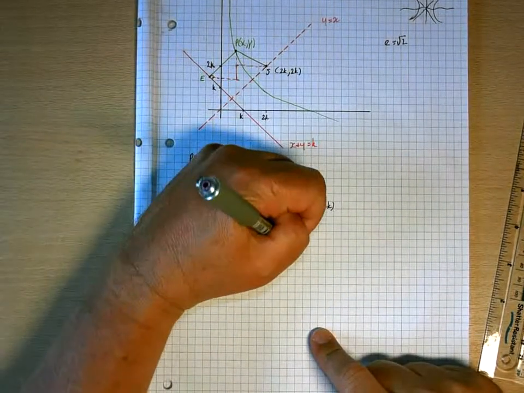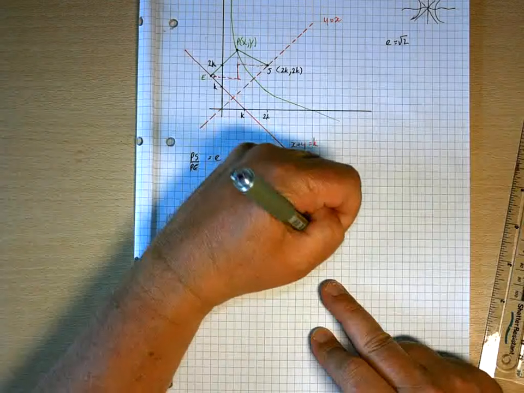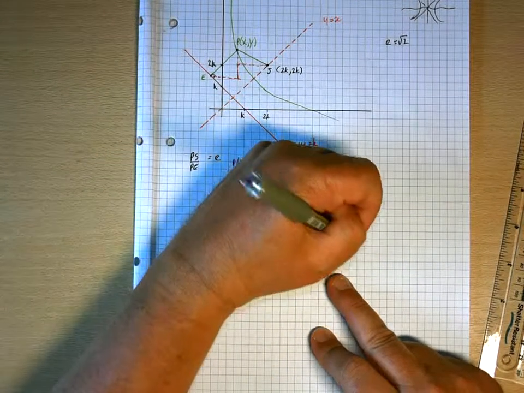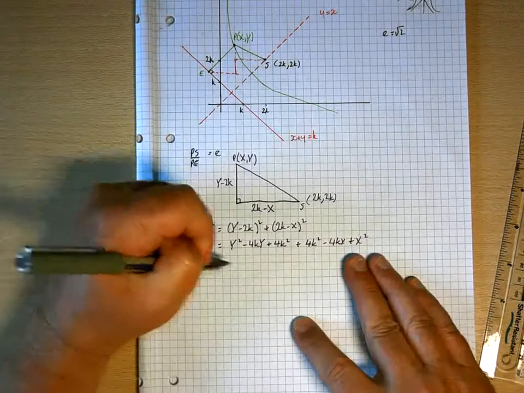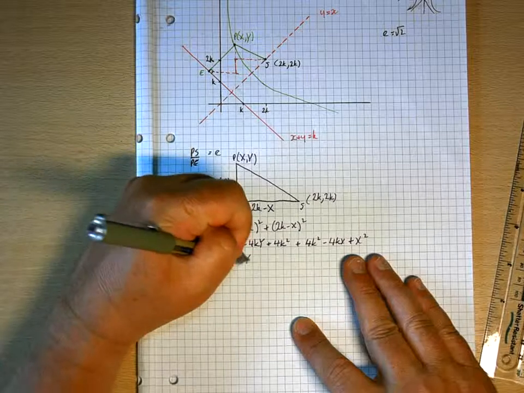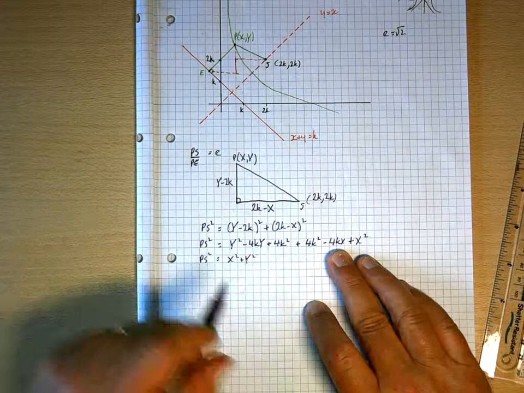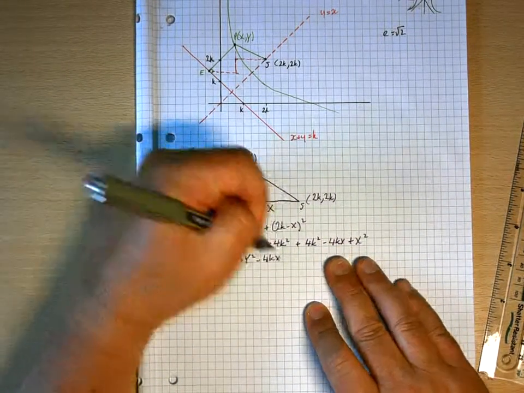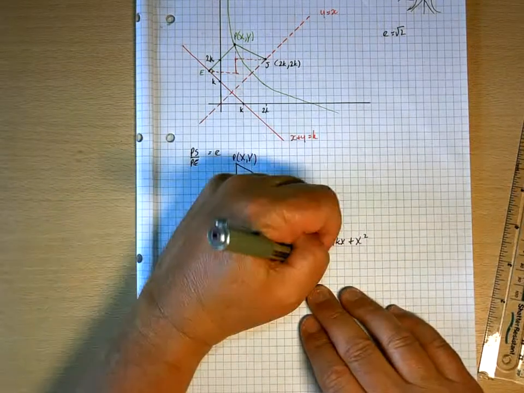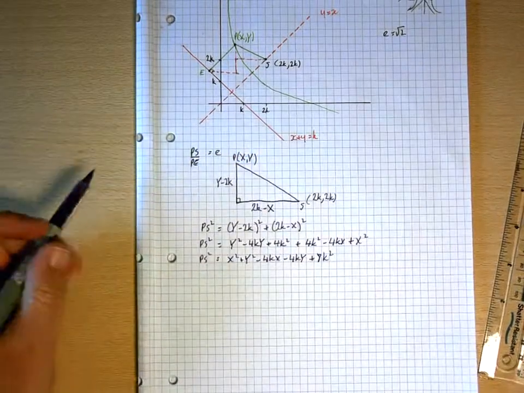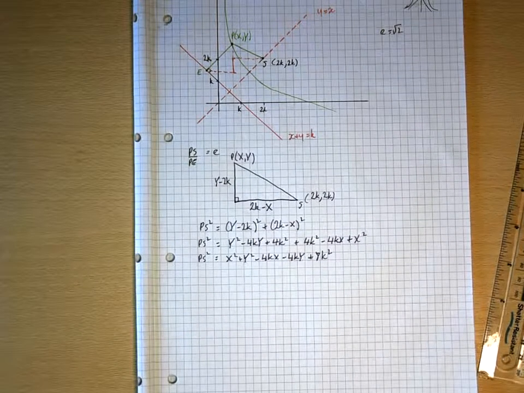For the second bracket, I get plus 4k squared minus 4kx plus x squared. Tidy that up a little bit. I've got x squared plus y squared, and then I've got minus 4kx, minus 4ky, and I've got 8k squared. So that gives me an expression for PS.